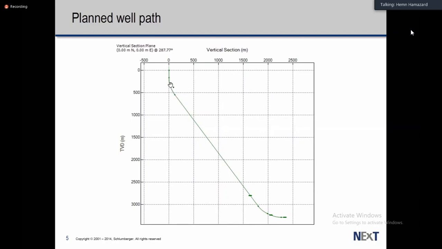This is called the kick off point, and then you start building, and then you hold the inclination in here. This is the tangent section, and then here again you start kicking off and building. This profile is HKN's profile for the development wells these days.